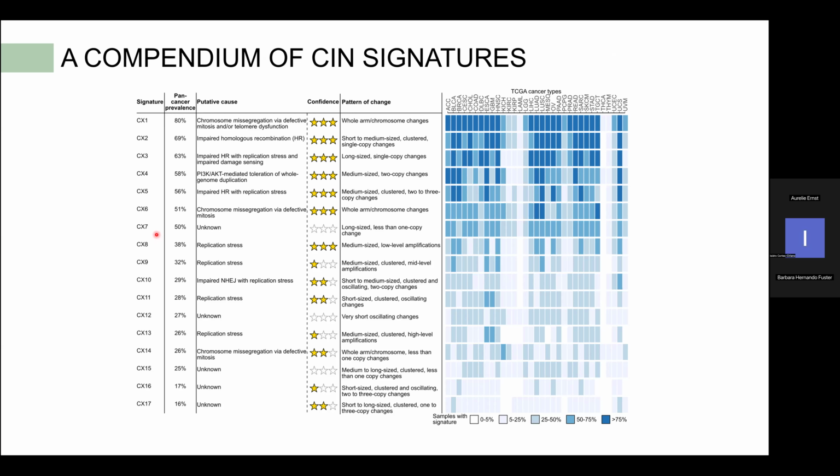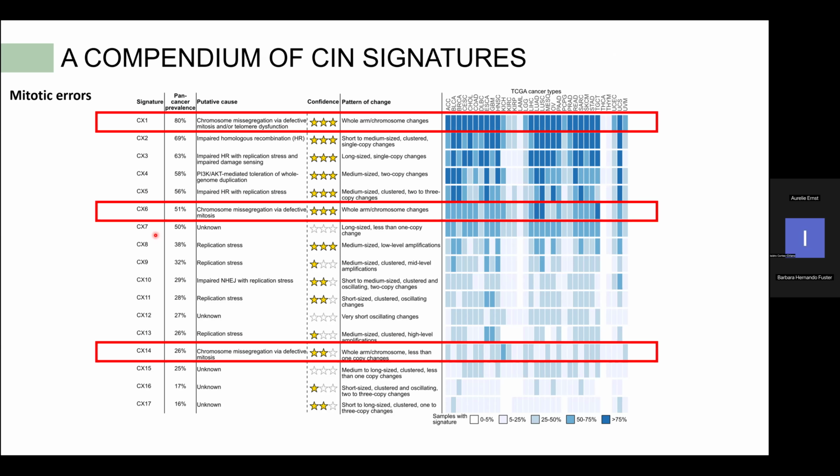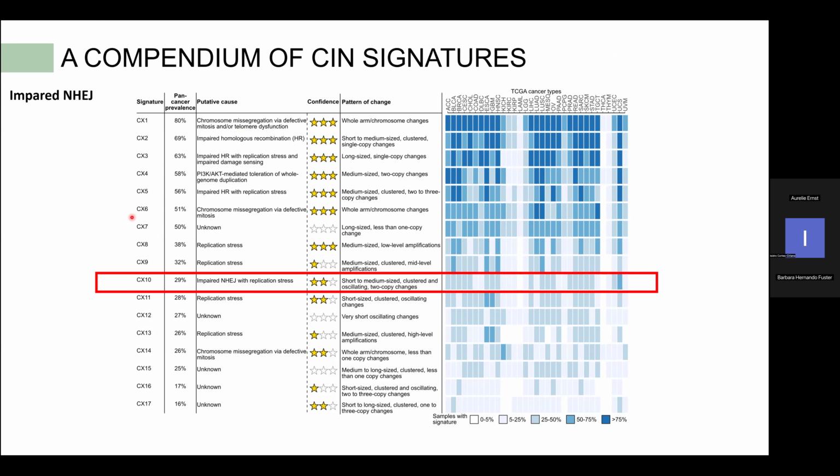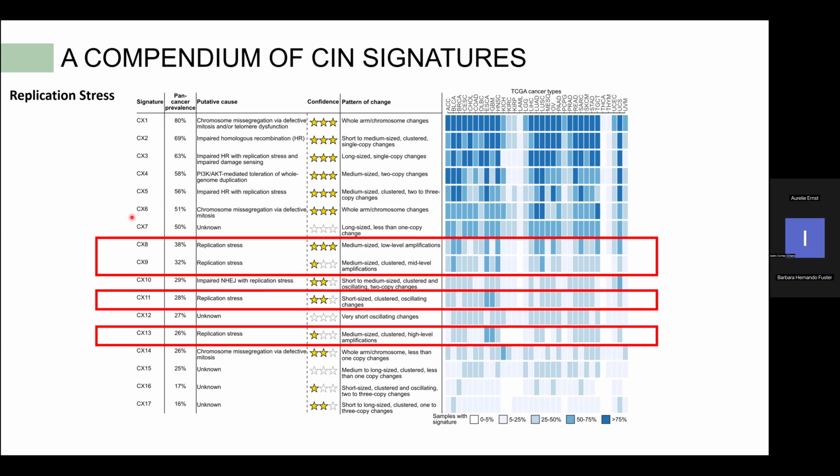So actually, this table is representing mutational processes that are linked to our signatures. And we see the typical ones defined in the literature, as we have signatures that are linked to mitotic errors. We have three signatures that are linked to impaired homologous recombination. We also have a signature linked to impaired non-homologous end joining, and several signatures linked to replication stress.